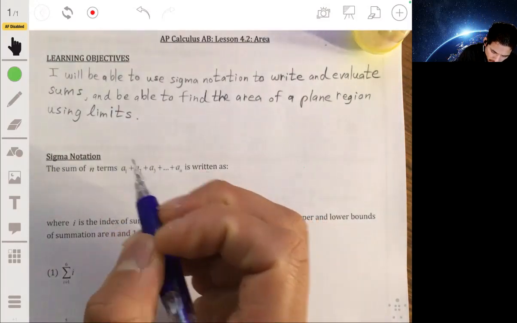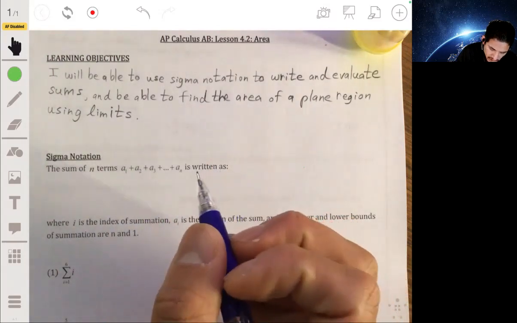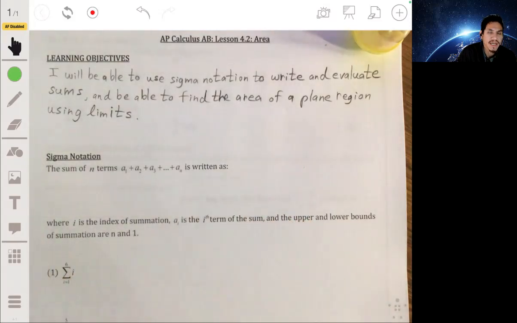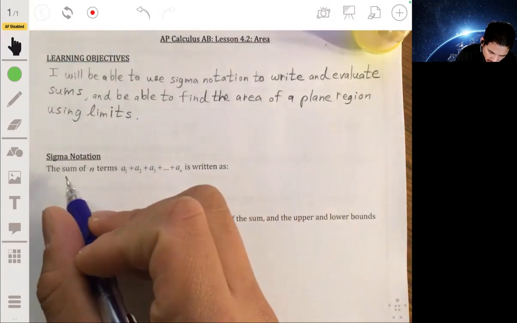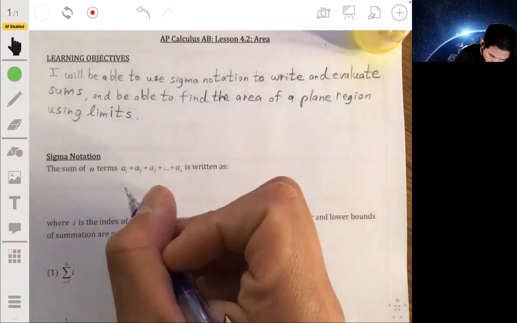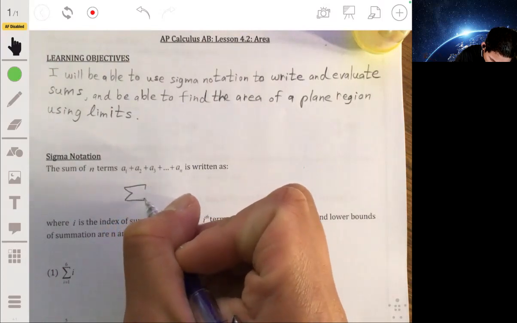So if you recall sigma notation from maybe algebra or maybe your pre-calc class, it's used to write the sum of a set of terms in a very compact way. So if you want to write the sum of n terms, a1, a2, a3, all the way to an, we can use the sigma symbol, which is basically the capital letter S in Greek.